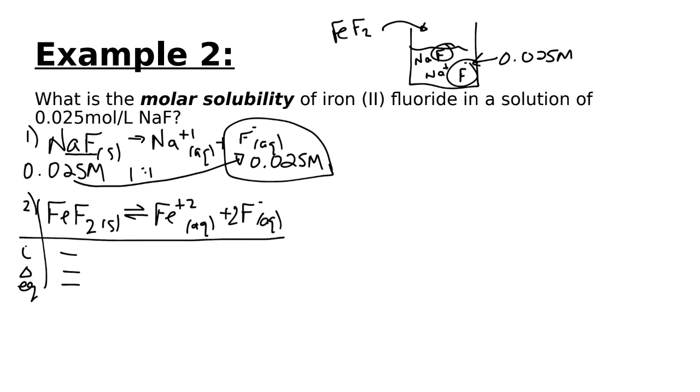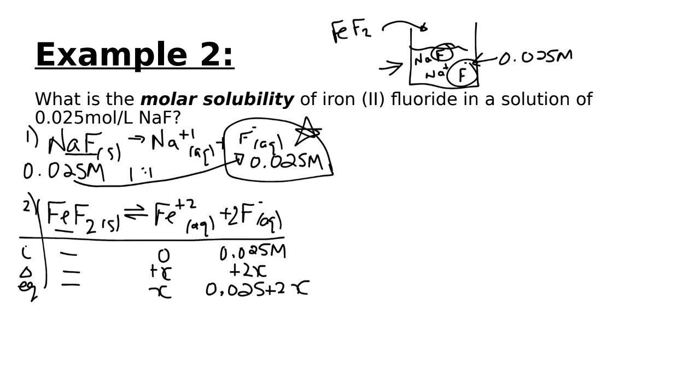So initially in this beaker, I have no iron ion. My initial concentration of iron is 0, but my initial concentration of fluoride ion is 0.025 molar. Over time, this FeF2 is dissociating. The iron will increase by X and the fluoride will increase by 2X, so that at equilibrium, I end up with X for iron and 0.025 plus 2X for my fluoride ion concentration.